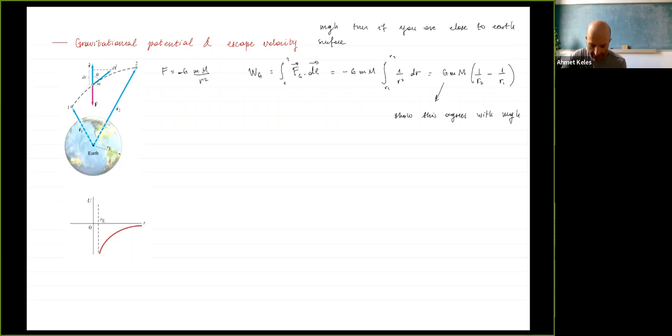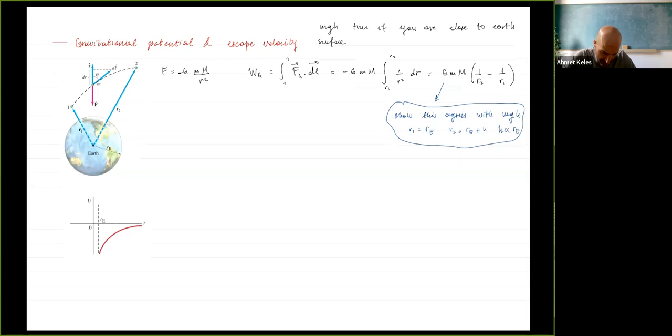And the way you show this is as follows. You say r1 is equal to Earth radius, and r2 is equal to Earth radius plus h, and h is much smaller than Earth radius. Okay, maybe I can take this in a bubble, not to confuse the other things we are doing.